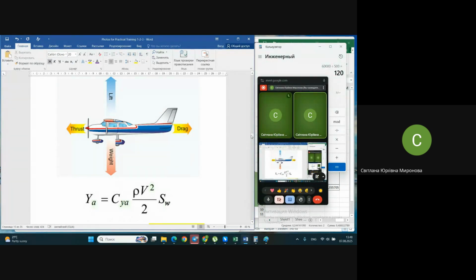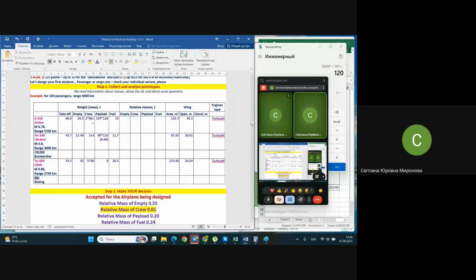How? In our statistical data, we have the area of the wing, compulsory. And this area of the wing we may compare with takeoff weight to understand the specific load to the weight. It's the so-called load on 1 square meter of your wing in future.